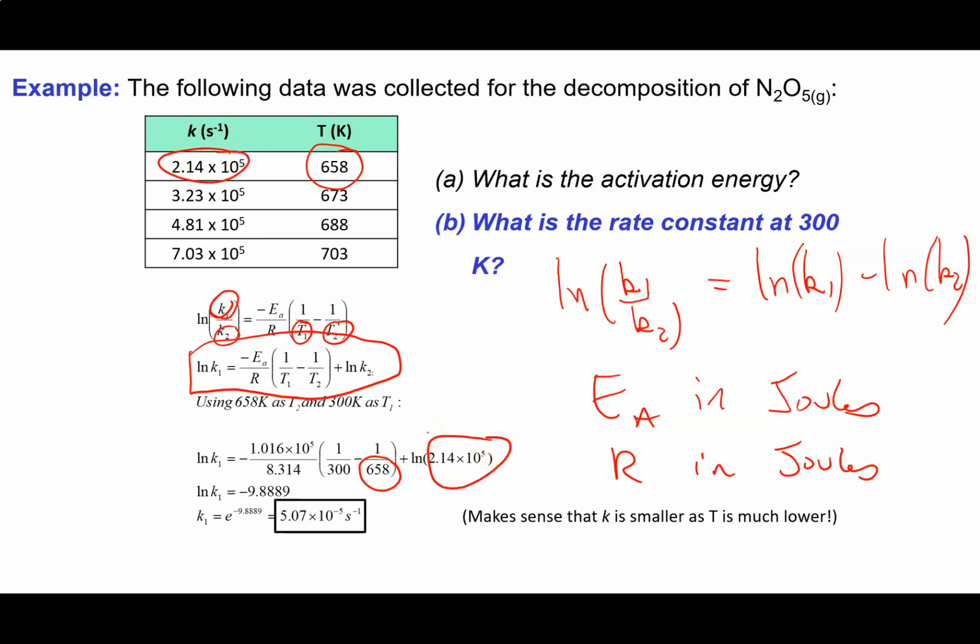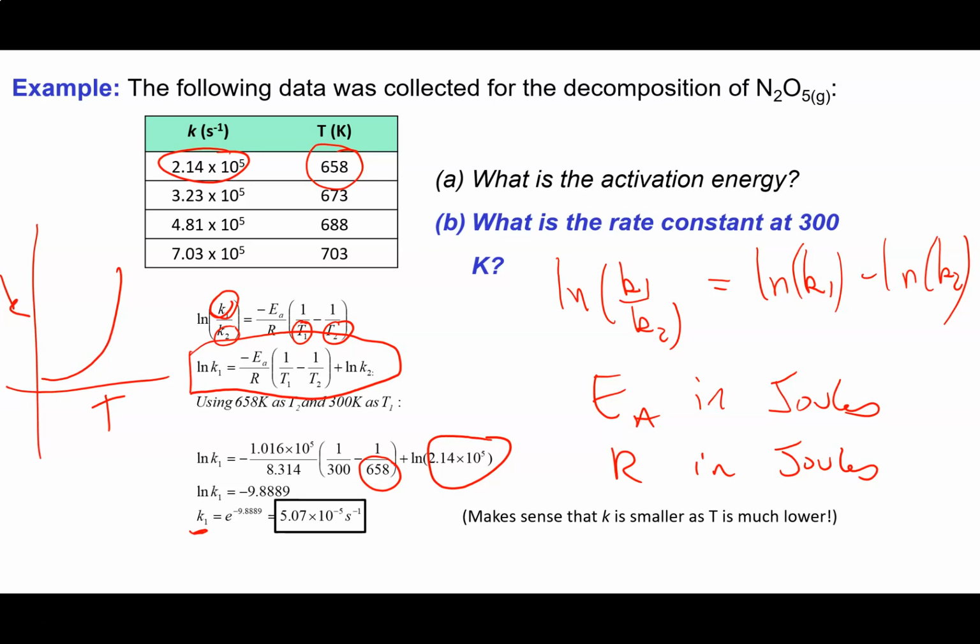I got that value, and then to undo the logarithm, I take e to the power of that value, and that gives me my rate constant. The rate constant at 658 Kelvin was 2.1 by 10 to the 5, so I would be expecting a number that's a lot smaller. Remember that the rate constant depends exponentially on temperature, so it's probably going to be a lot less, and it is.